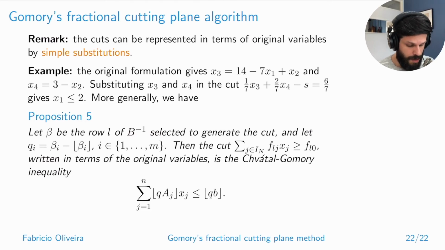And then calculate this vector Q, which is basically the fractional parts of the elements. So you can rewrite this cut, which was originally a function of the non-basic variables, in terms of the original variables by getting this vector Q and plugging in there.